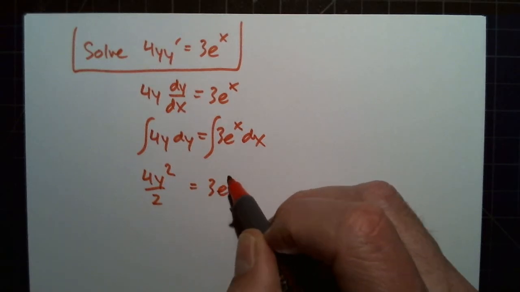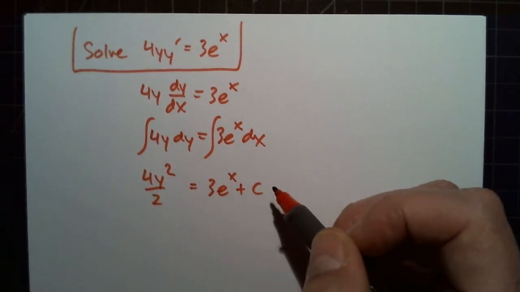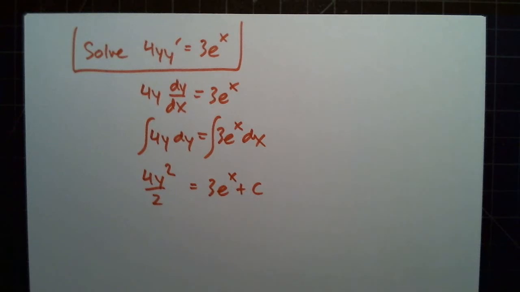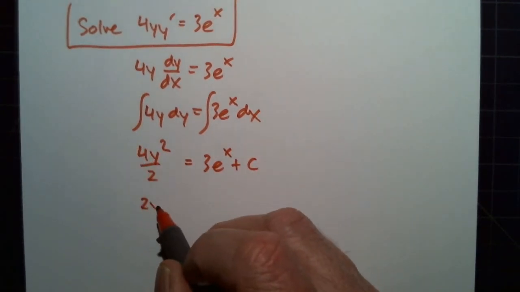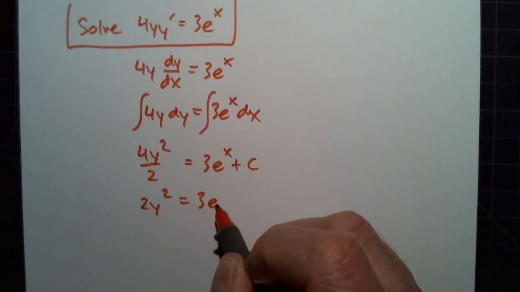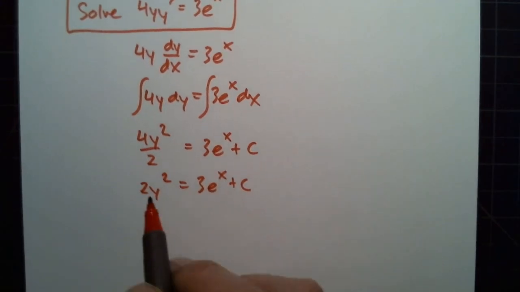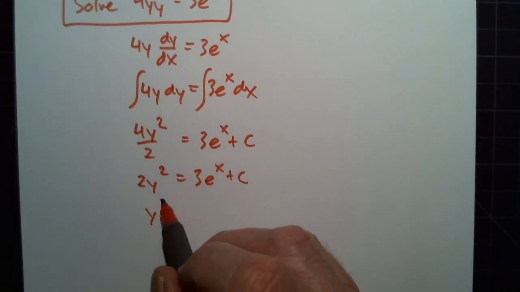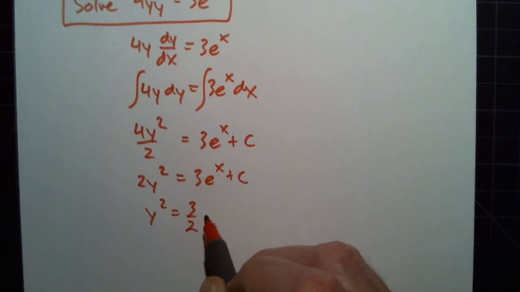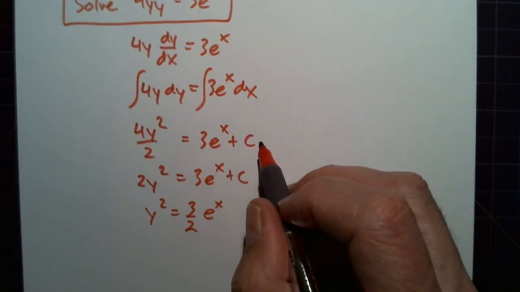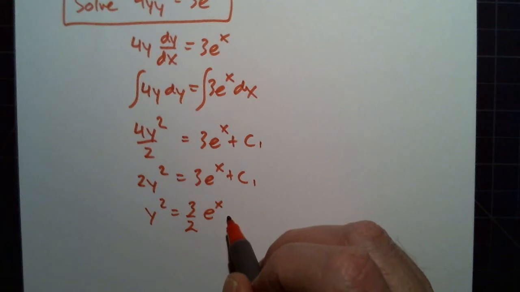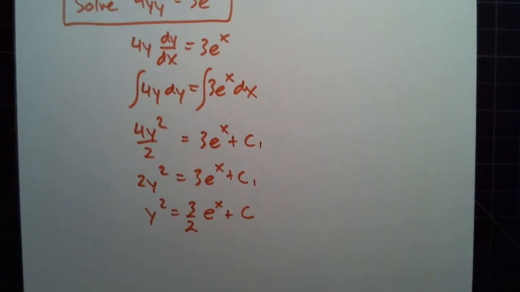This will be 3e to the x plus c. So that reduces to 2. And divide everything by 2. C over 2, instead of writing c over 2, we can just say it's c1 over 2, which is just some other number, c.